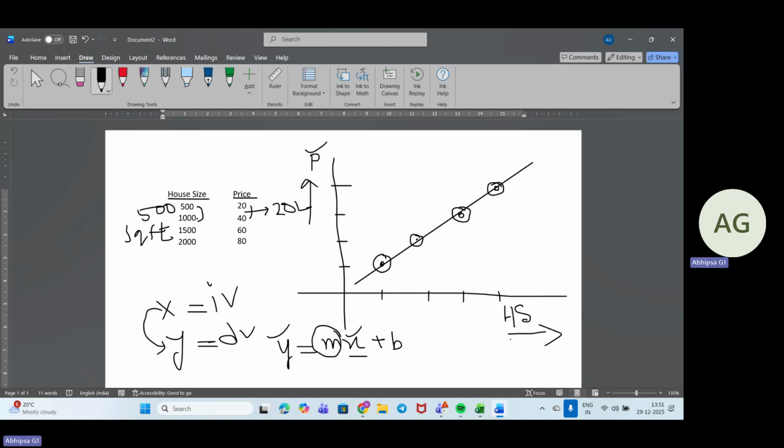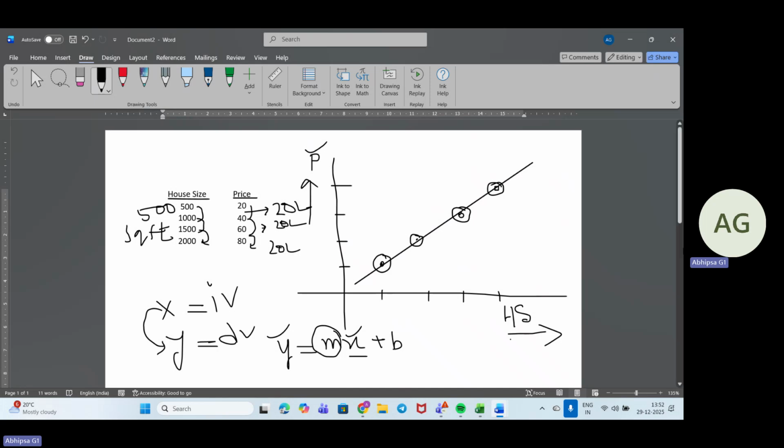Again, if it changes by 500, there is again a change of 20 lakhs. So for every 500 square feet, there is a change in price of 20 lakhs.